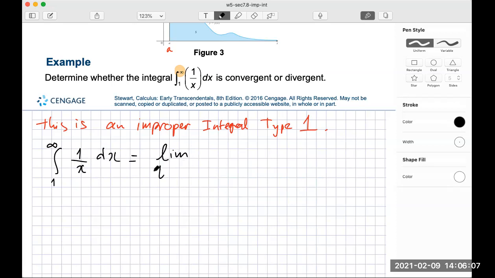This is the limit when t approaches what? Yes, infinity, of the integral from what is it?